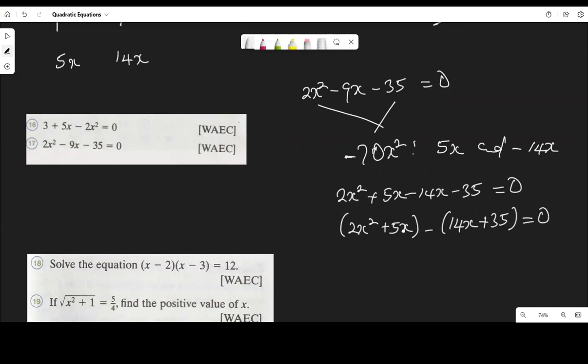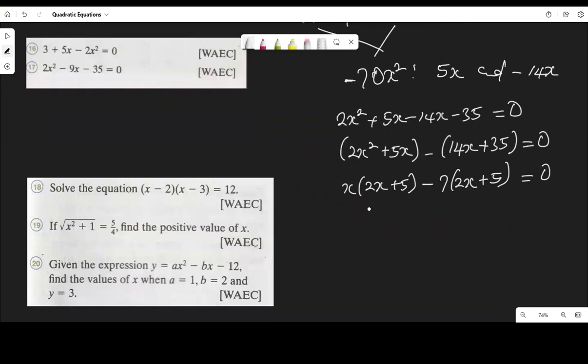In the first bracket, x is common. X into 2x plus 5 minus, in the second bracket, 7 is common. 7 into 2x plus 5, because 14x divided by 7 is 2x. 35 divided by 7 is 5, equal to 0.